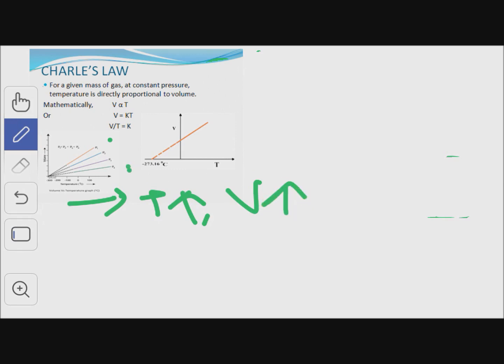These are the pressures P1, P2, P3 and P4. When we increase the temperature, the volume of the gas also increases at a particular pressure, and in this way pressure P1 is less than pressure P2, which is less than P3, and so on.